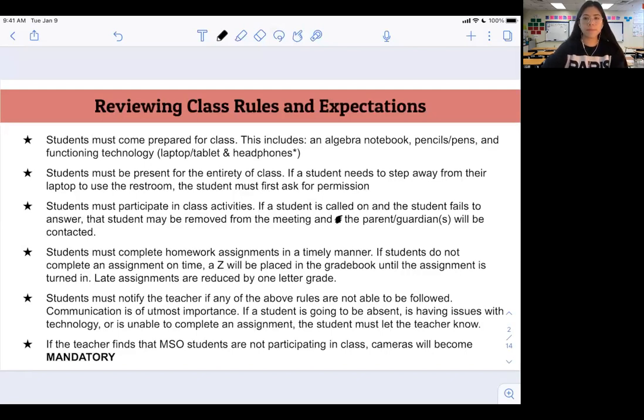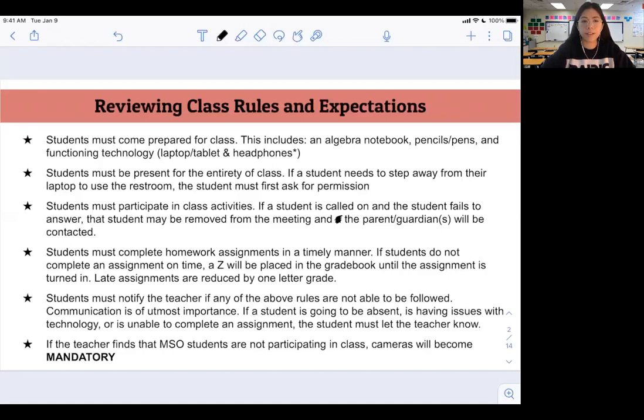Students must notify the teacher if any of the above rules are not able to be followed. Communication is of utmost importance. If a student is going to be absent, is having issues with technology, or is unable to complete an assignment, the student must let the teacher know. Perfect.